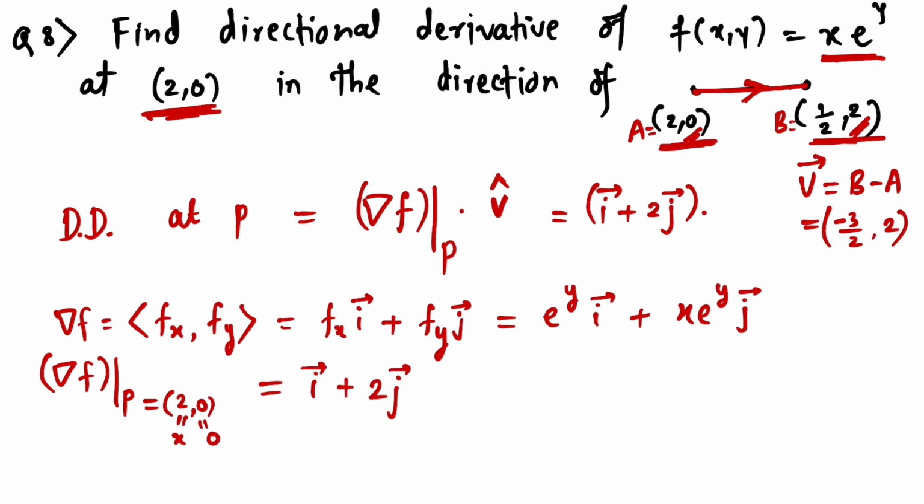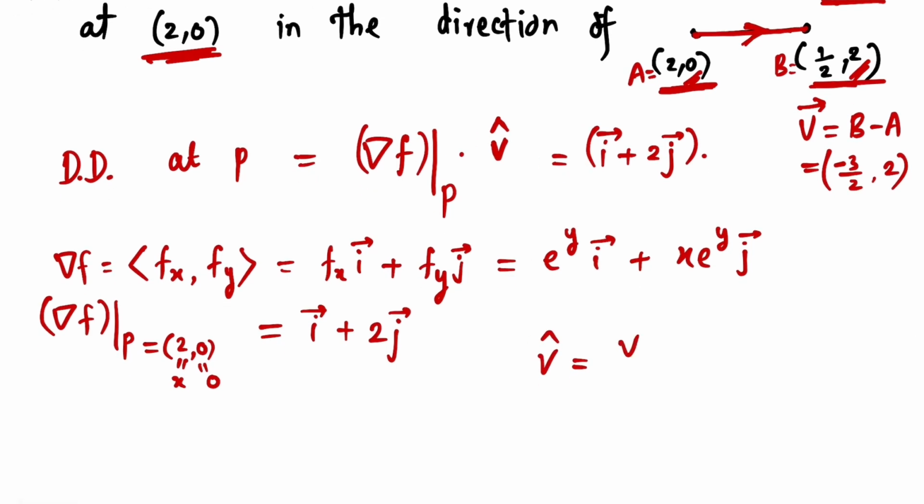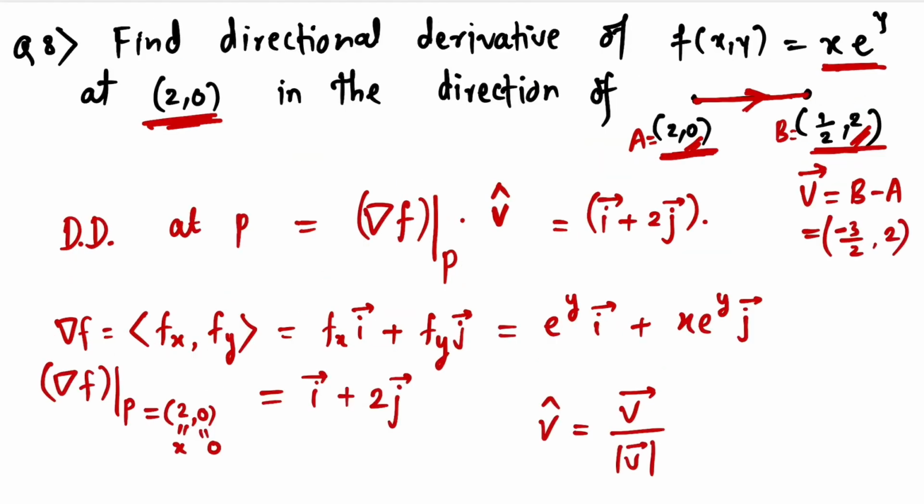What is the unit vector in the direction of v? So v cap is just equal to this vector divided by its magnitude, right? Now the magnitude of v is the square root of the square of this, which is 9/4, plus the square of the second coordinate, which is 4.